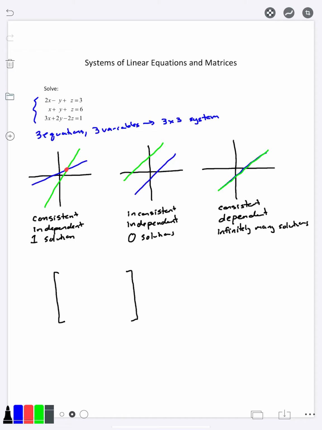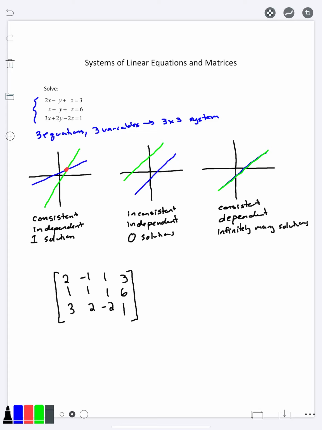And basically what you do is once you have the equations in a nice systematic fashion here, with the x's, y's, and z's all lined up, you're basically just going to take those same things and remove the variables and only write the coefficients.